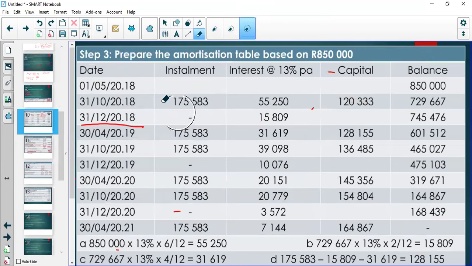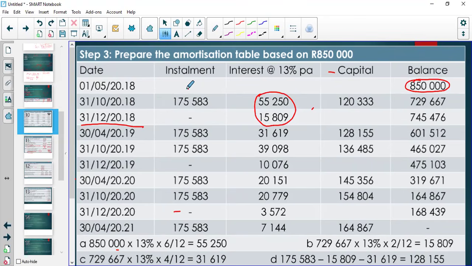So we are basically saying we started the year with 850. Then we have income of this amount. Then we received this payment. That's why we have this balance here, 745,476. So basically that's how we report that. During the year we had this lease, then it increased because of the income, but we received payment.